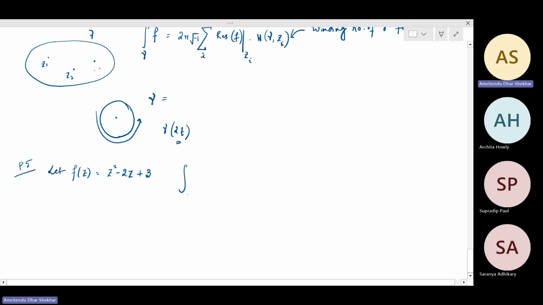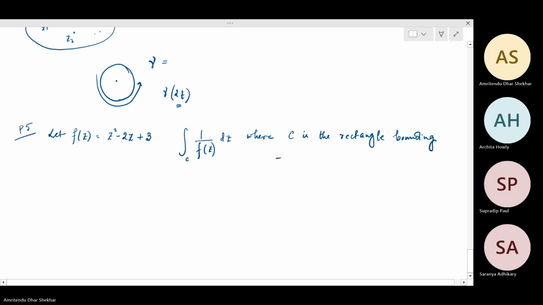Compute the integral over C of 1 by f(z) dz, where C is the rectangle bounding minus 2 comma 2 cross 2 comma 2 minus 2 cross 2.